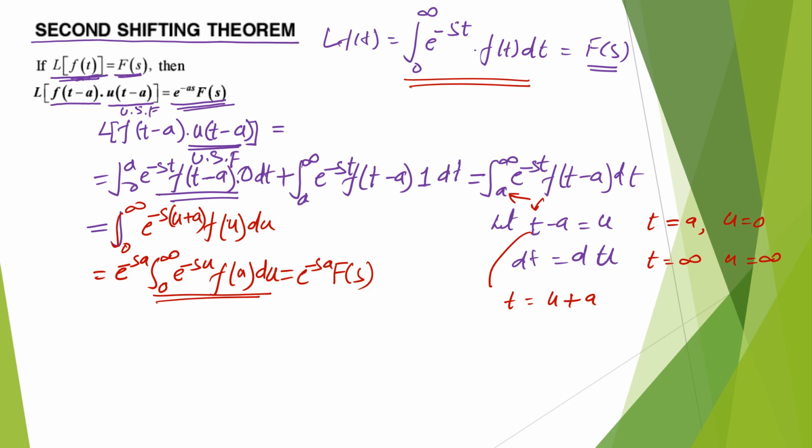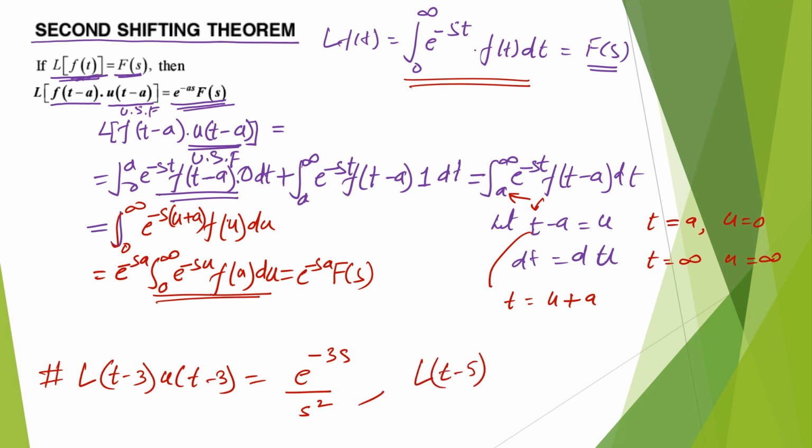So now we take an example: Laplace of (t minus 3) into unit step function of (t minus 3) will be equal to e to the power minus 3s upon s square, and the Laplace of (t minus 5) square into u of (t minus 5) will be e to the power minus 5s over s cube.